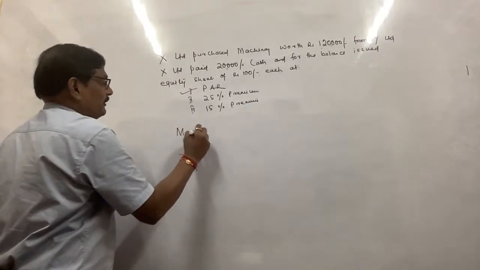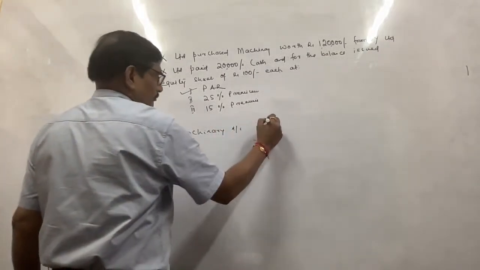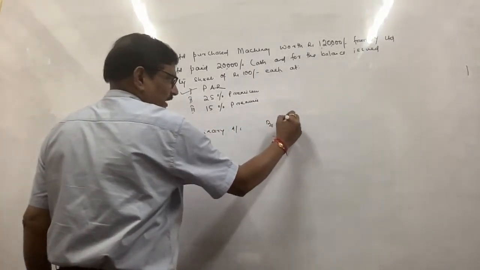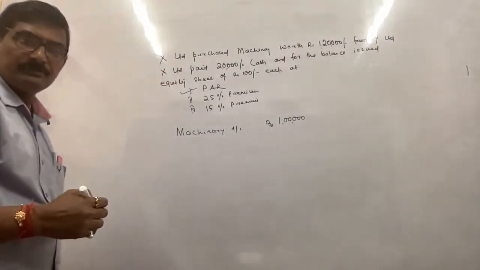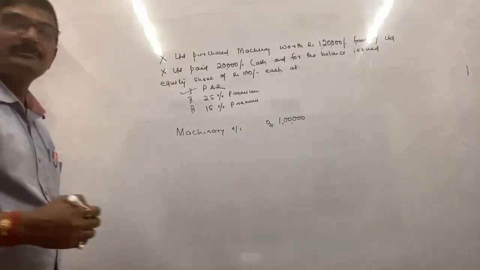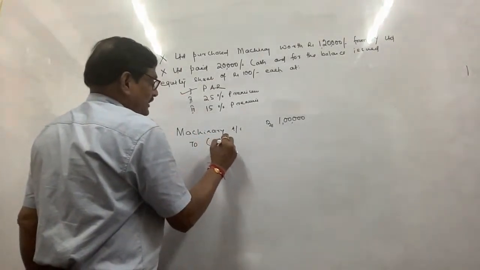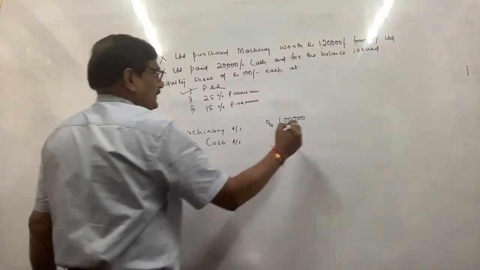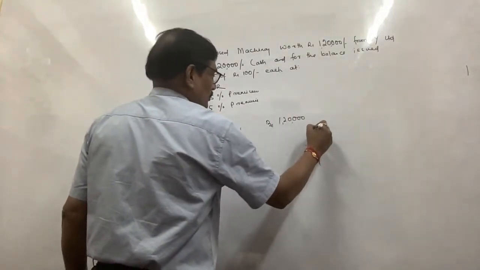Machinery account debited, being asset, 1,20,000 rupees, increase in asset. Second, we have paid cash, cash account 20,000.